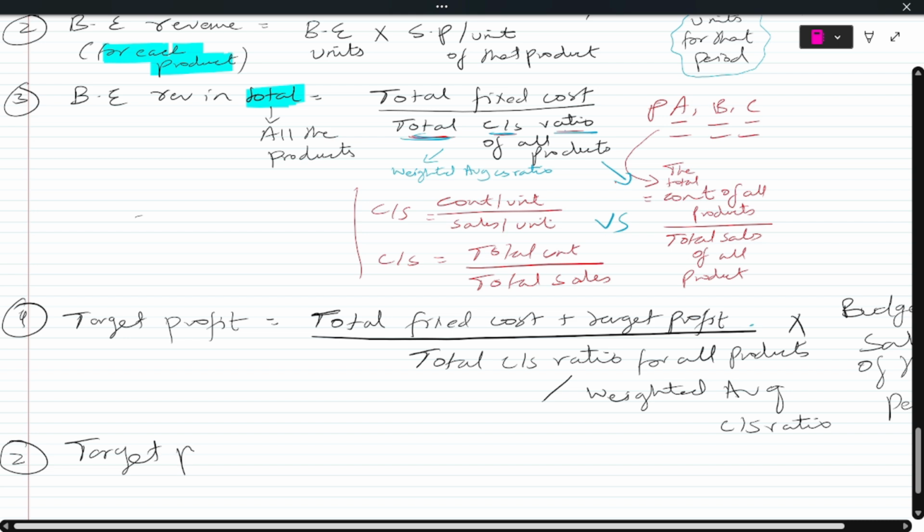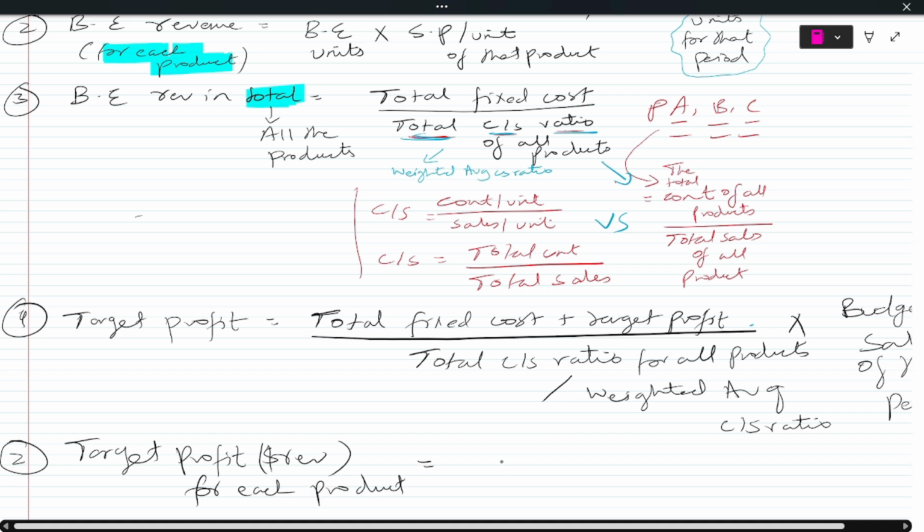Now the second formula is for target profit, but in terms of revenue, dollars. And this is for each product. If I have to calculate for each product individually in terms of revenue, how would I do that?